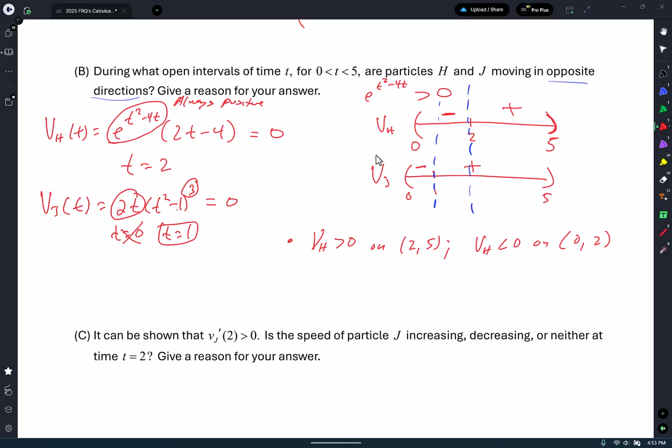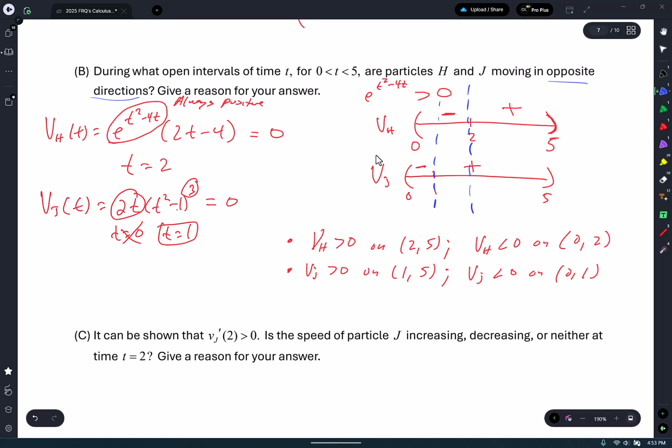And then here's another line. Another bullet. I'm going to write velocity j is positive on 1 to 5. Semicolon. Velocity j is negative on 0 to 1. So where do I have my opposite directions? Between 1 and 2.